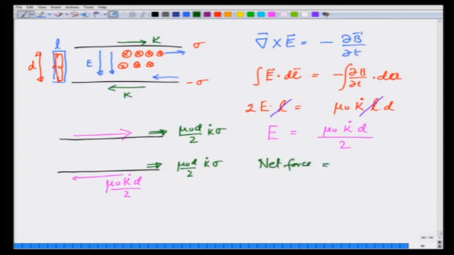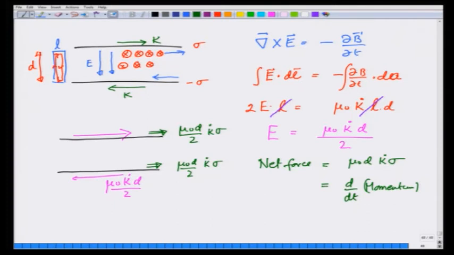on the whole system is going to be mu 0 d k dot sigma, and this should be equal to d by dt of the momentum of the plates of the system. Where does this momentum come from?